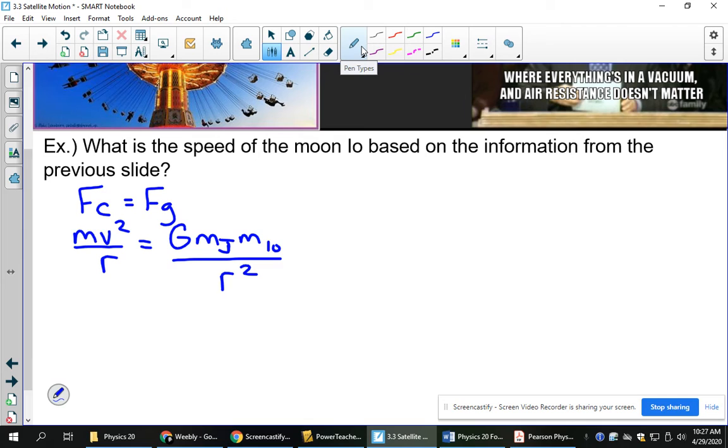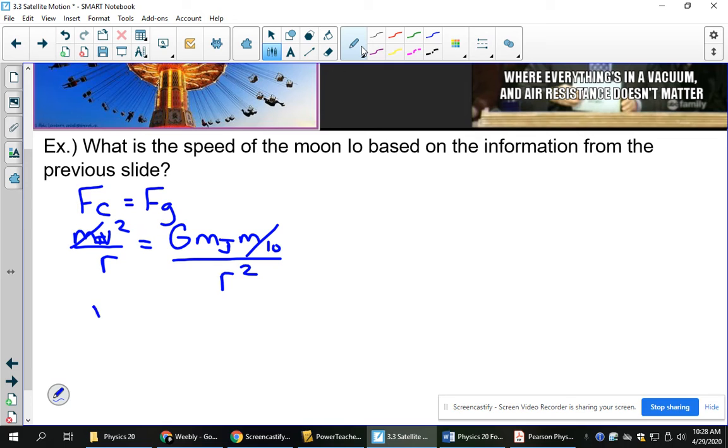What mass would be under force centripetal? What thing is doing the circling? Again, it's Io. So the mass of Io will cancel. The mass of Jupiter is the thing that's really causing this gravity to happen because the mass of Jupiter is so huge in comparison to its moon Io.